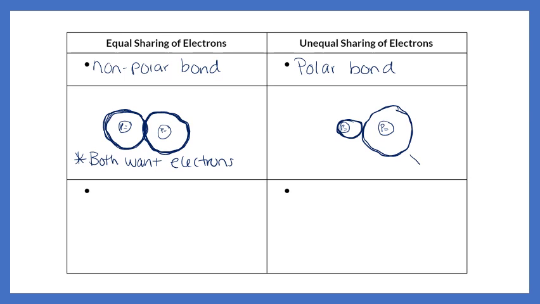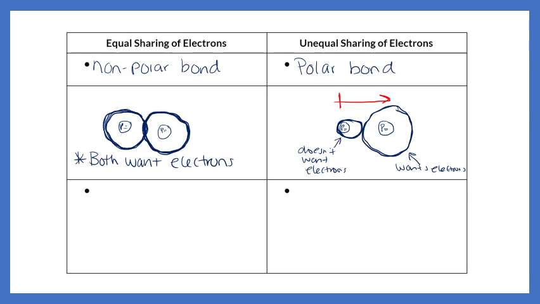Over here, this guy wants the electrons. This guy doesn't. Okay? And what happens is that makes something called a partial charge.